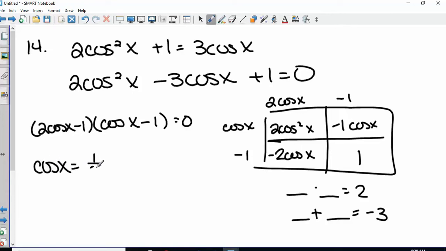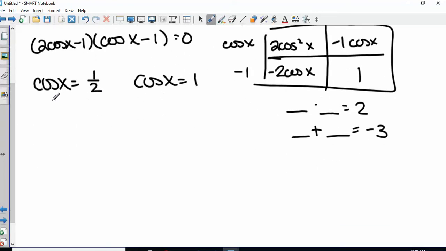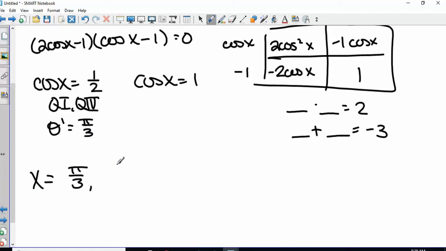If we set each of those equal to 0, then we get that cosine x is 1/2 and positive 1. Quadrants: when is cosine positive? Reference angle, we are in radians: when is cosine 1/2? 60 degrees is pi over 3. So my angle x could equal, in quadrant 1, pi over 3.